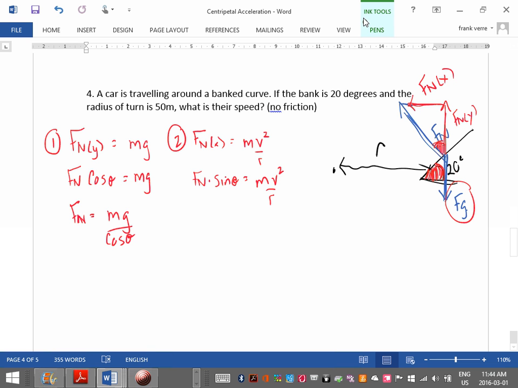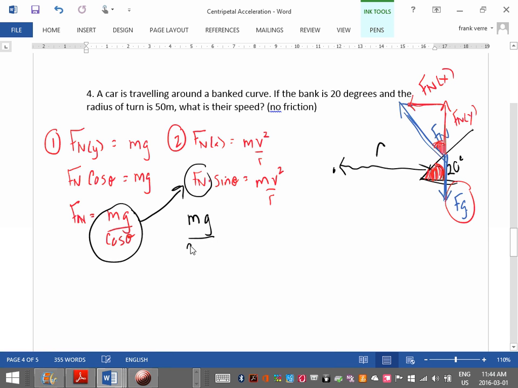Now what we can do now is we could substitute, and we could put that here. Not mg cosine theta, mg over cosine theta. Mg over cosine theta times sine theta is mv squared over r.